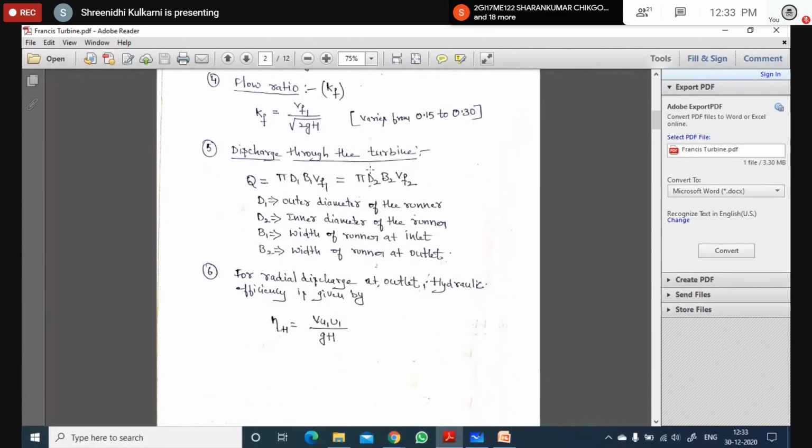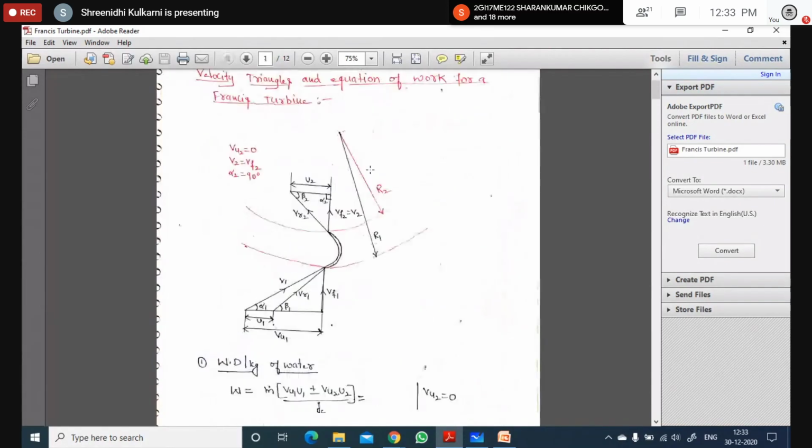And here itself I will tell one more thing. Next unit we have centrifugal pumps. In centrifugal pumps, the velocity triangle is reversed. Whatever we have as the inlet velocity triangle, you will get at the outlet, and whatever we have as the outlet velocity triangle, you will get at the inlet. We're going to see that in the later part.